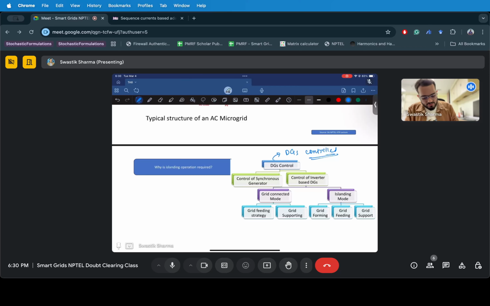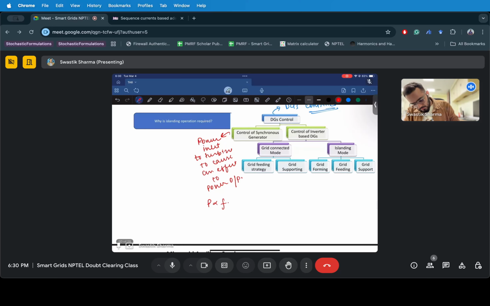Now, in synchronous generators, you can control the power inlet to the turbine to cause an effect on the power output. You can control your synchronous based generators in such a way that you can directly influence the output power, and if you are influencing the output power, your frequency can be affected.